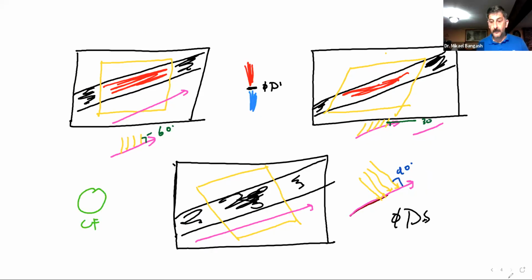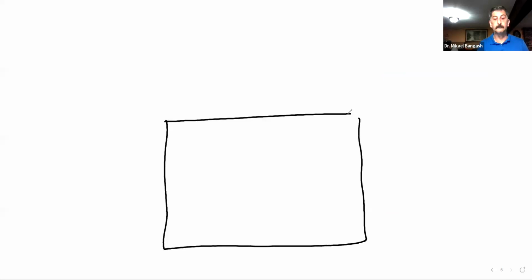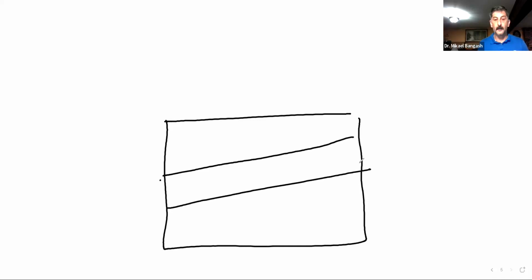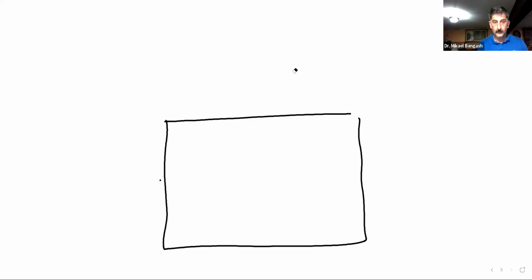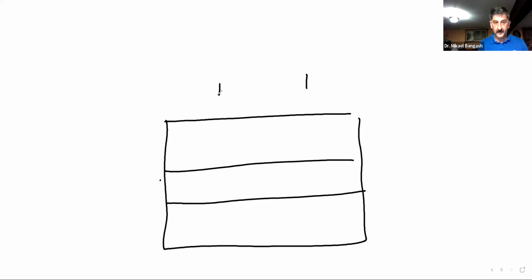Now you mainly will say that this is just what you're scanning. Physically speaking, this is where my transducer is.